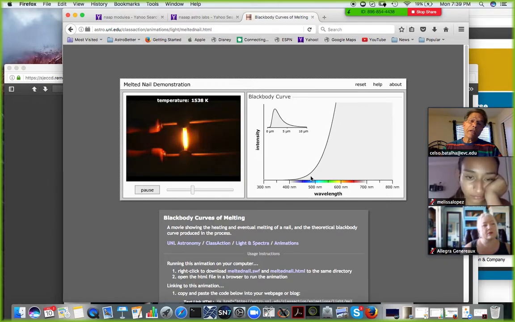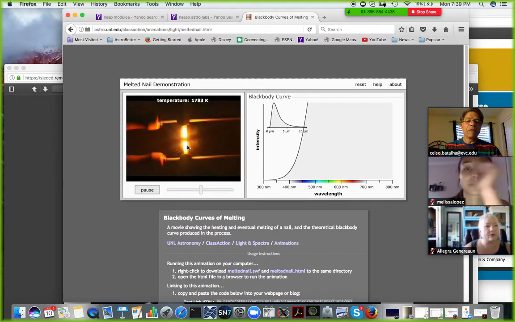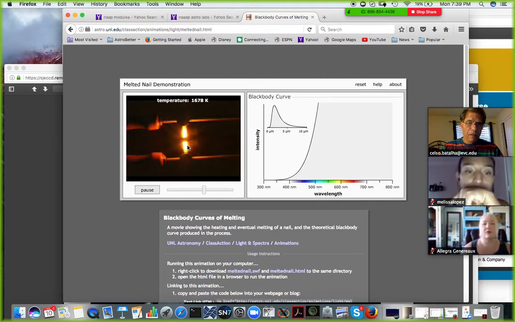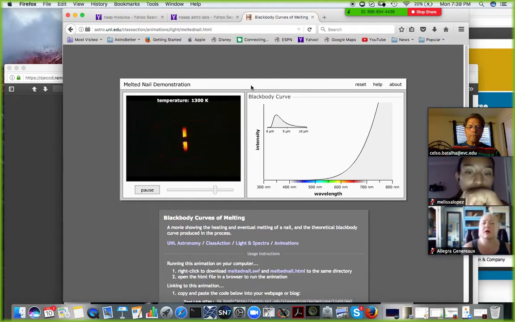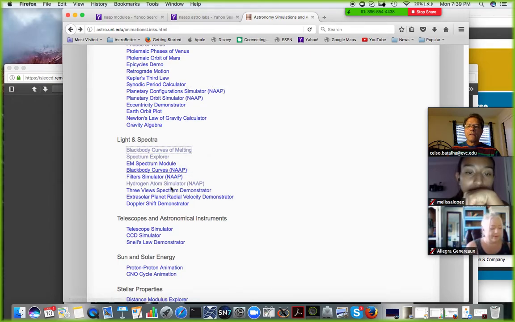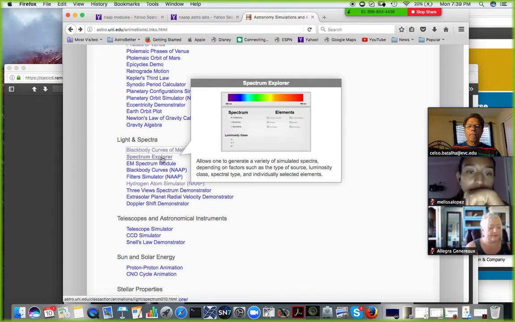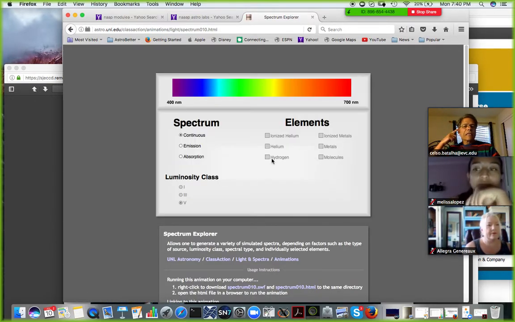And if you were in a star environment, it would eventually vaporize and become what we call plasma. Plasma is a bunch of ions, and the gas must be at a very high temperature. So here's an example of black body.